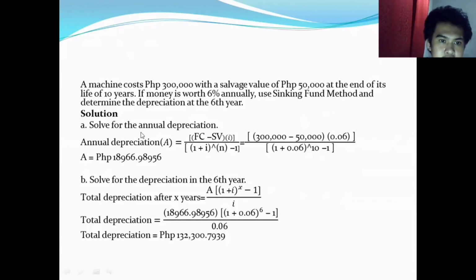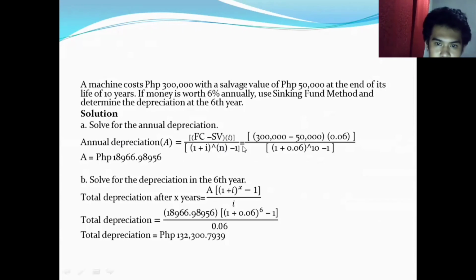So, solution. So, first solve for the annual depreciation. Annual depreciation A equals, so this is the formula, first cost minus salvage value times i over 1 plus i raised to n minus 1.